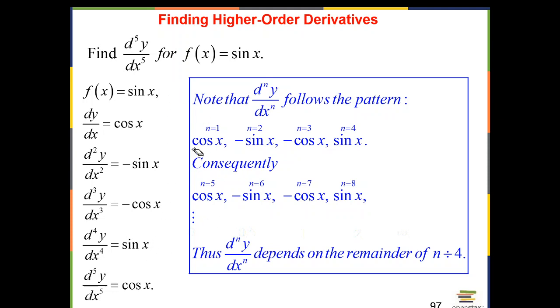So the first derivative is cosine. So if you think of this, the nth derivative of y, where y is sine x: the first derivative, when n equals 1, is cosine, when n equals 2 is negative sine, 3 negative cosine, 4 sine. So the fifth derivative would be going back again to the first derivative.